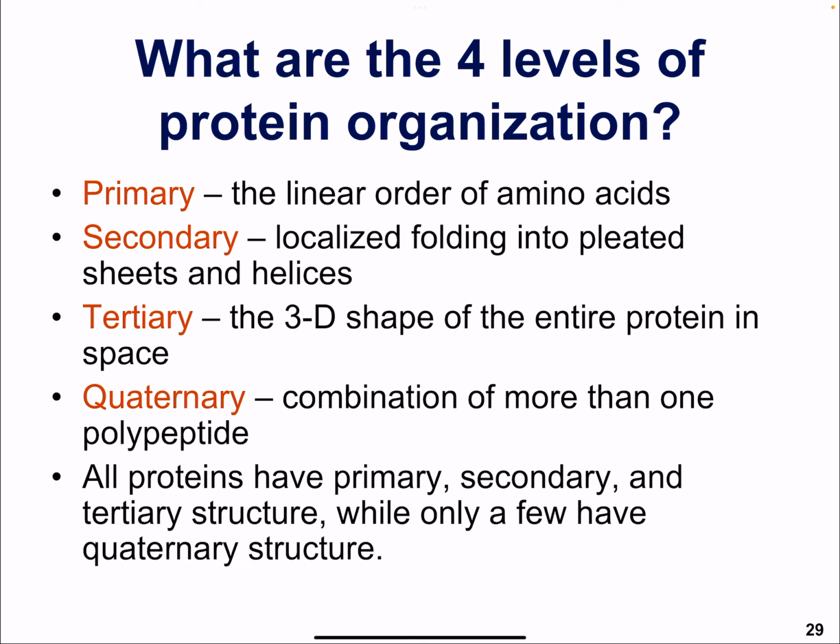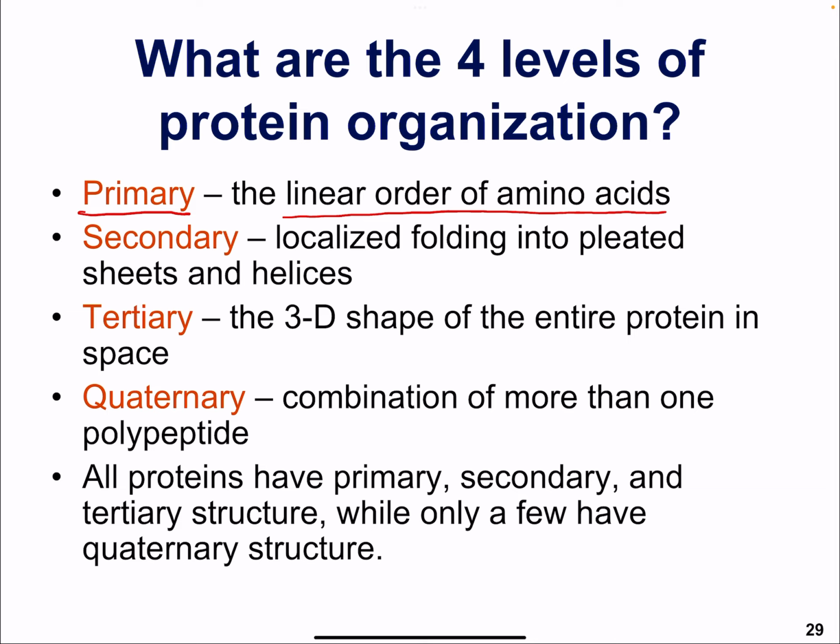Now, the proteins, as they are synthesized, are going to go through levels of folding. The first level of structure of a protein is the primary structure. That primary structure is nothing but the linear order of amino acids after synthesis of the protein. But we do know that some amino acids are polar, some are charged, some are non-charged.